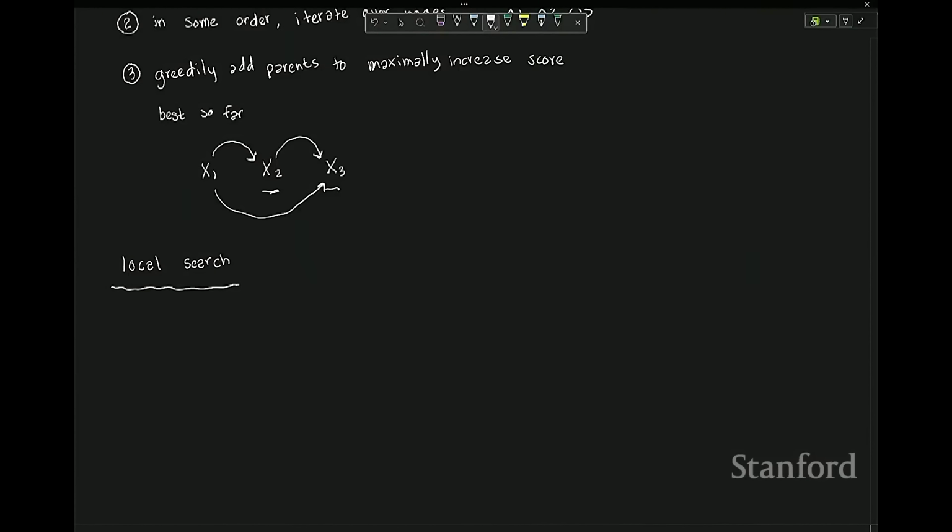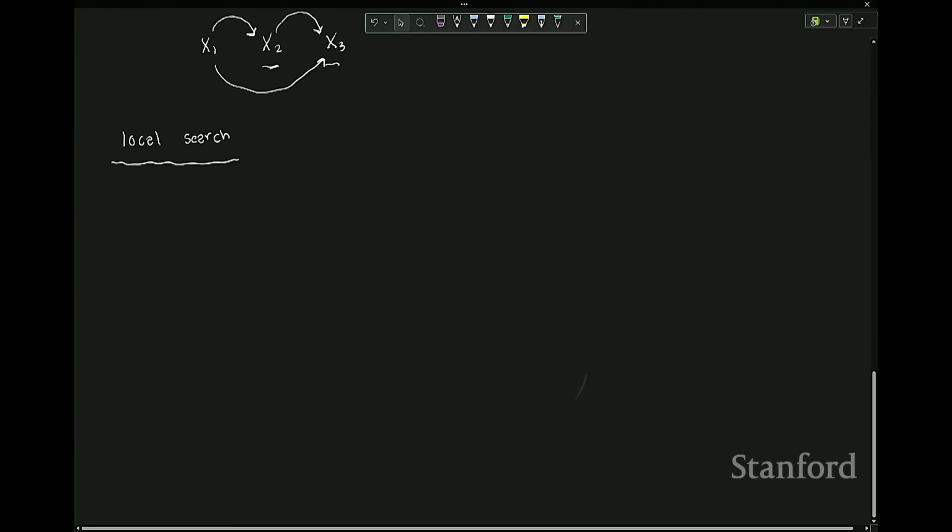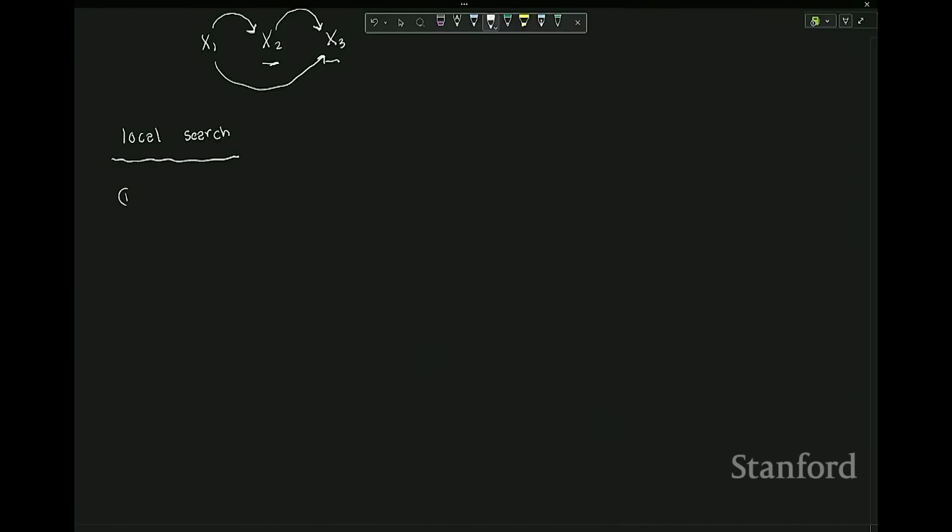All right. So we have another option for how to deal with this, and that is local search. Local search is also prone to local optima, but after I describe the algorithm, I'll tell you about a few ways that we can deal with this, because there are some interesting options. So in local search, unlike K2, we begin with some initial graph structure.